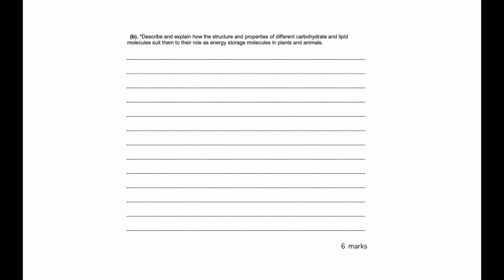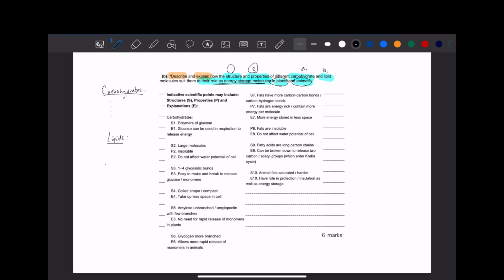Okay, this one, there's a lot going on. If you look at the question for how it is, it seems pretty simple. But do you ever get this problem where you read the 6 mark question, you're like, yeah, this is fine, let's do it. The moment you write, you realise, wait a minute, I'm about to get really overwhelmed because there's so much to say and it's only 6 marks.